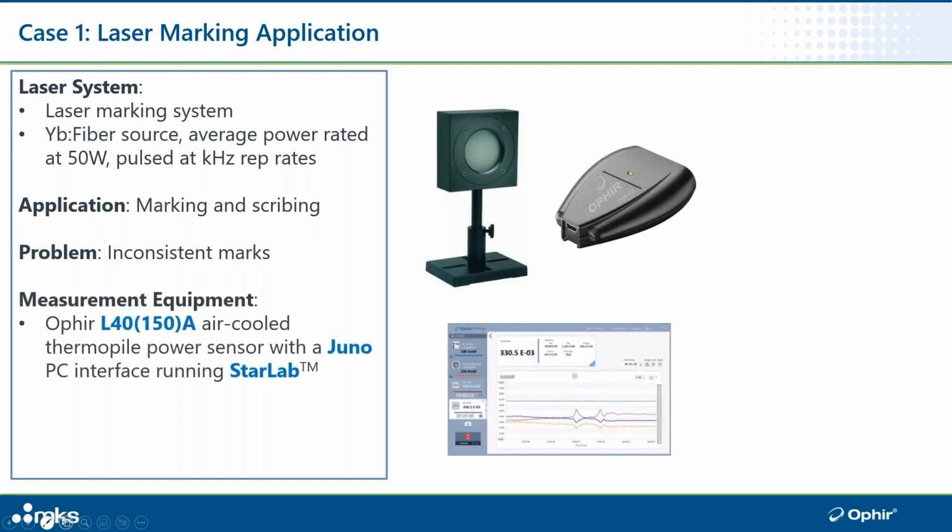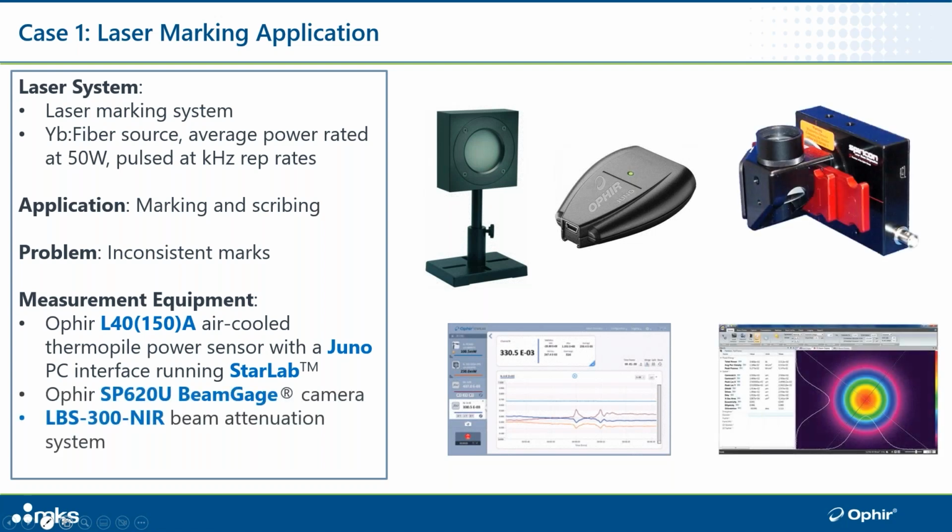So the measurement equipment that we used to analyze this laser, you see a 150 watt power sensor, which measured the output power, coupled with a Juno PC interface running this StarLab software that you see pictured here. We also took a beam profiler.